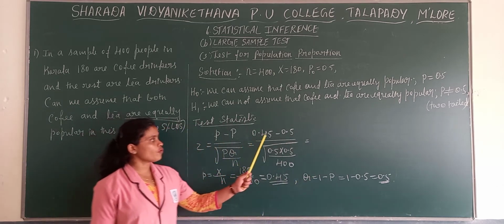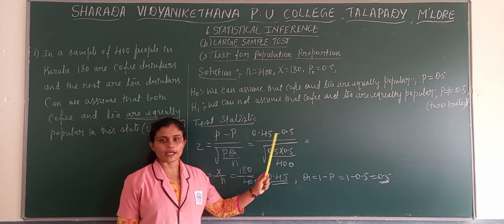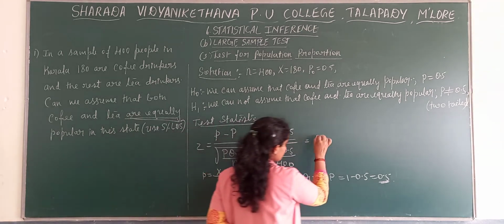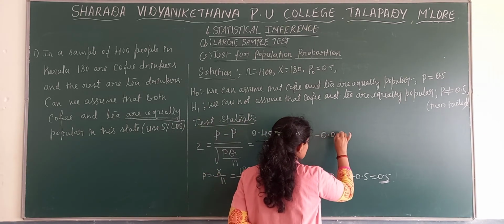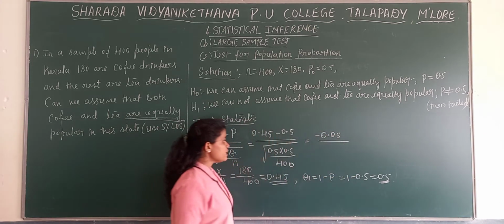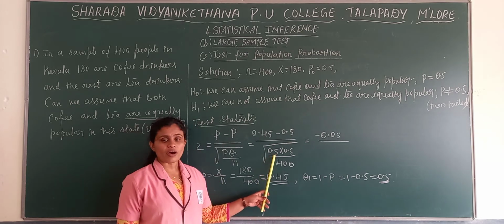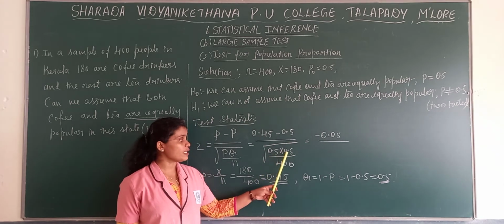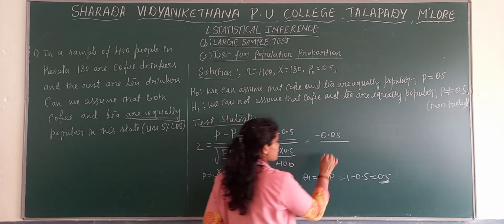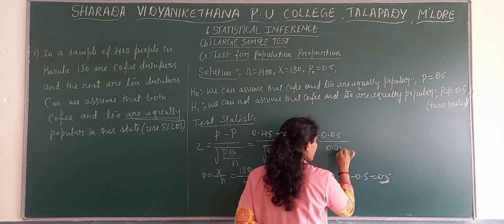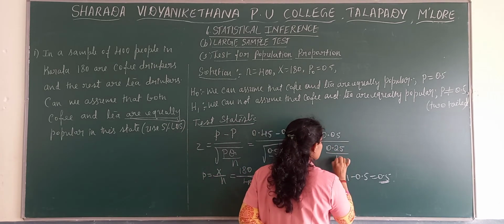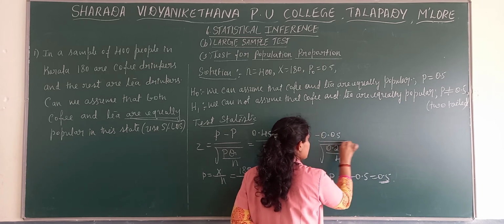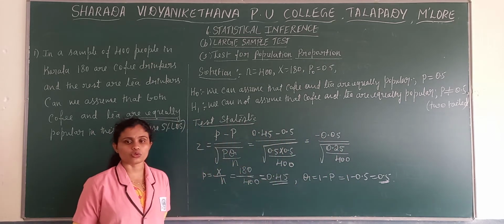Now 0.45 minus 0.5, we get minus 0.05. Then 0.5 into 0.5, when we multiply we get 0.25, then divided by 400. Later we need to take the root.